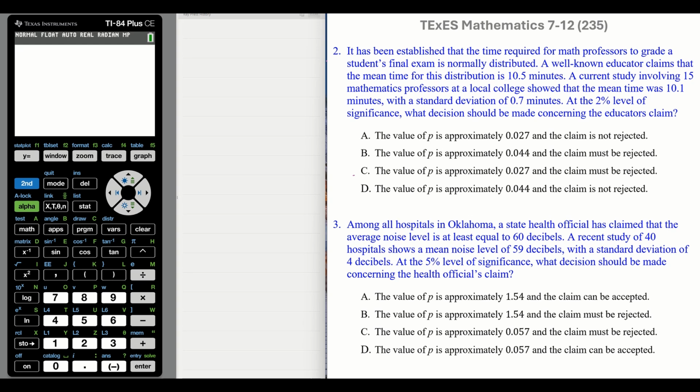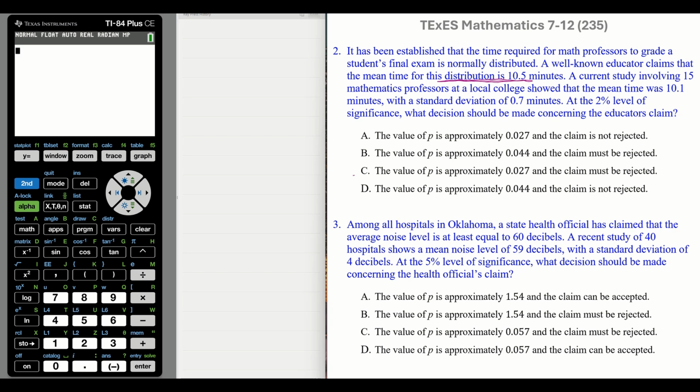Number 2. It has been established that the time required for math professors to grade a student's final exam is normally distributed. A well-known educator claims that the mean time for the distribution is 10.5 minutes.